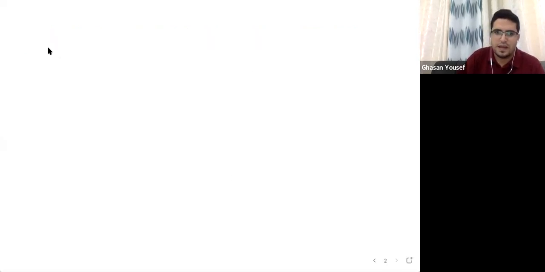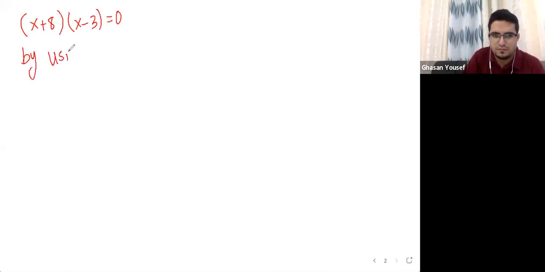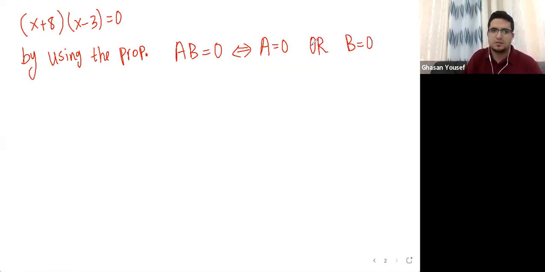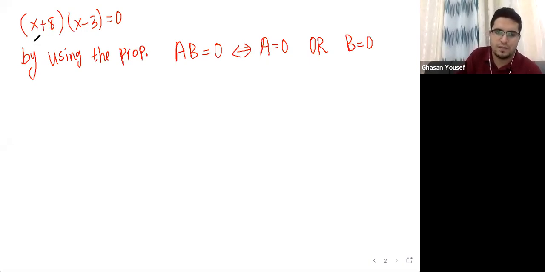So here I have x plus 8 times x minus 3 equals 0. By using the property that if a times b equals 0, this implies a equals 0 or b equals 0, again I set this as my a and this as my b.